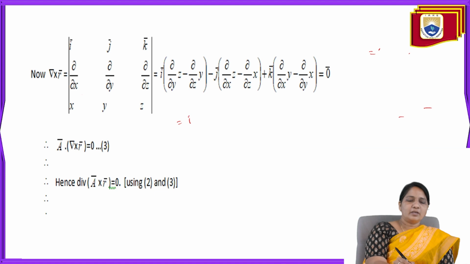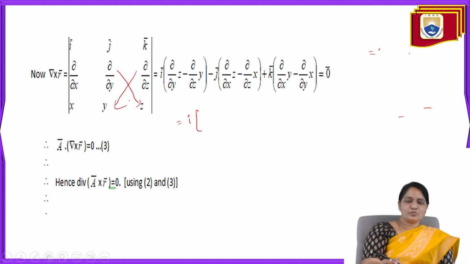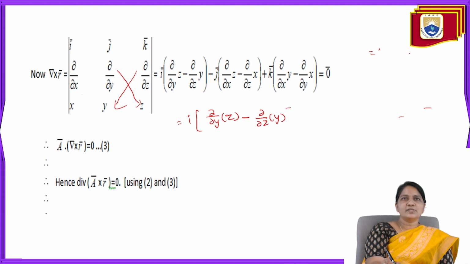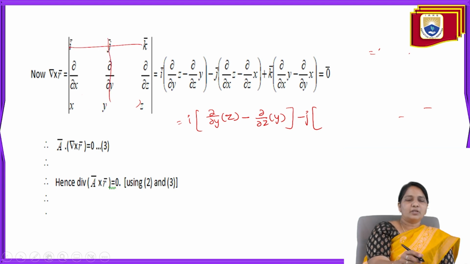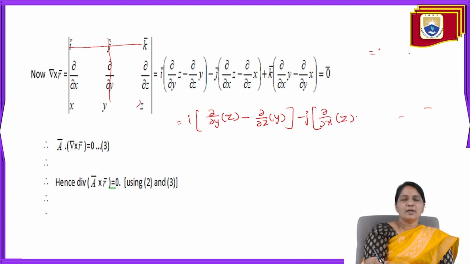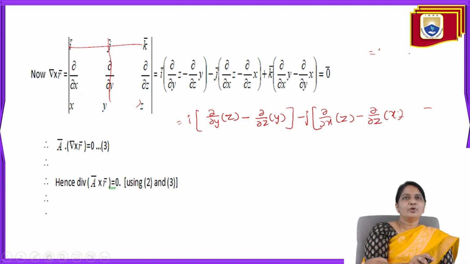Now I am doing the cross product here. So i into, I can do the cross multiplication of these two values: dou by dou y of z minus dou by dou z of y. This is the first one. Minus j into, now for j I can use the remaining four values: dou by dou x of z minus dou by dou z of x. This is the second term.